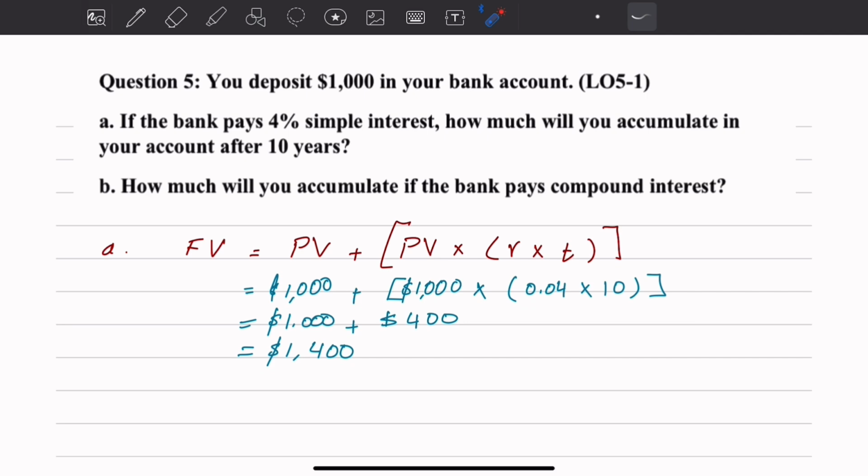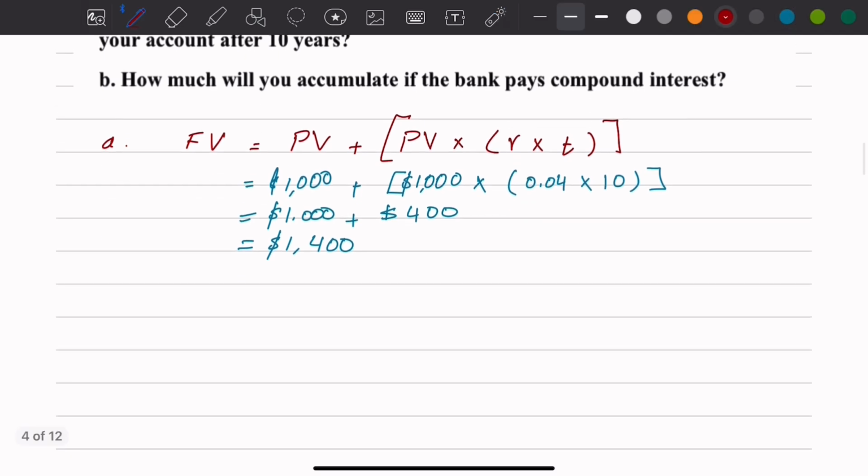Okay. Now let's look at the second requirement, B. It says, how much will you accumulate if the bank pays compound interest? So now we'll take the same inputs, right? But the only thing that will change is that this time we're going to assume that the interest is a compound interest, right? So that means we're going to go back to our original formula.